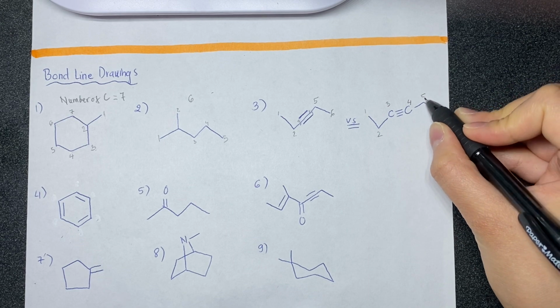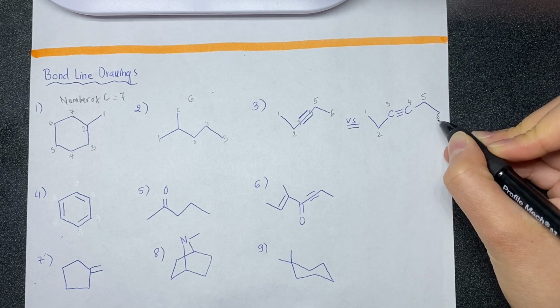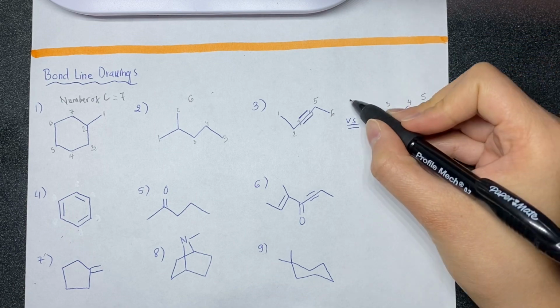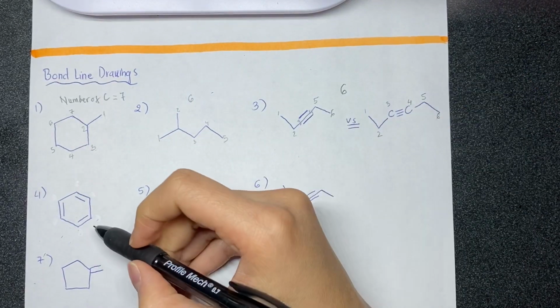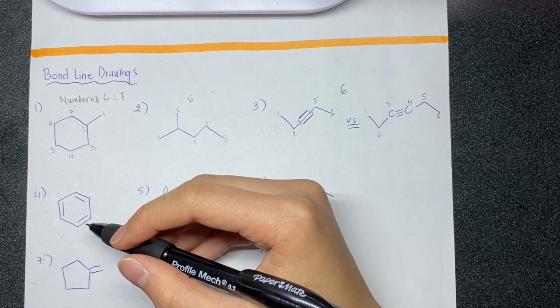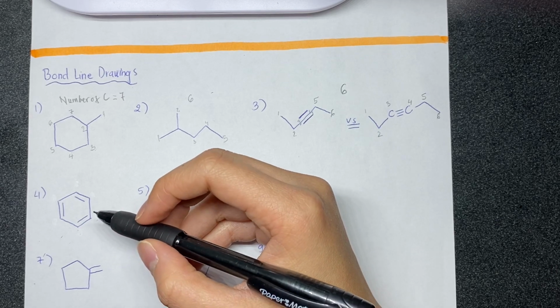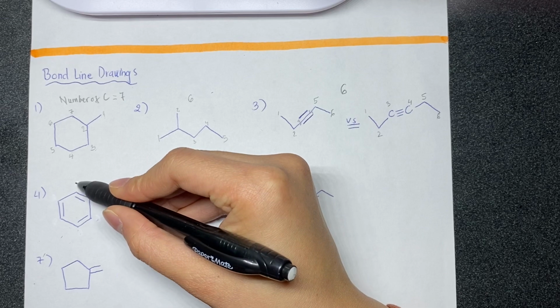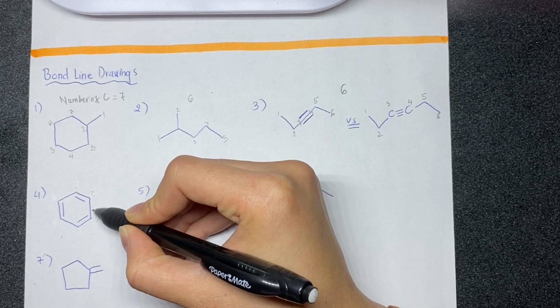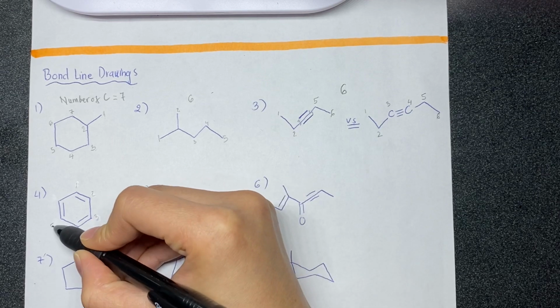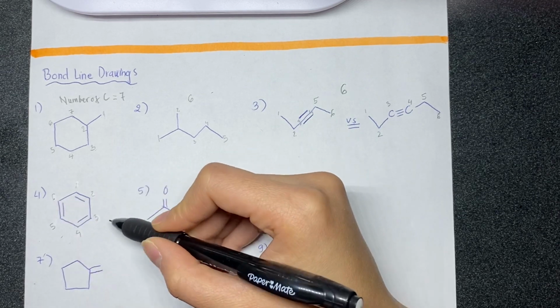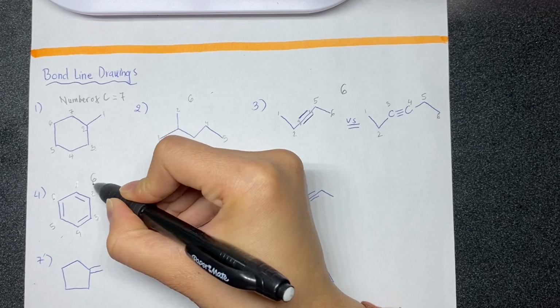And then 5, 6. So the total number of carbons would still be 6 for this structure. And here, it's a ring, so you can just count as how you normally would. So it's going to be 1, 2, 3, 4, 5, 6. So you have 6 carbons here.